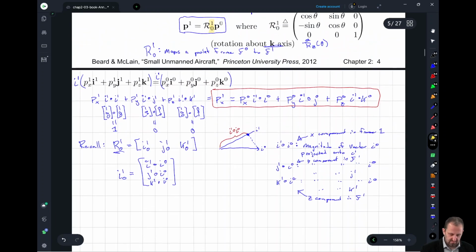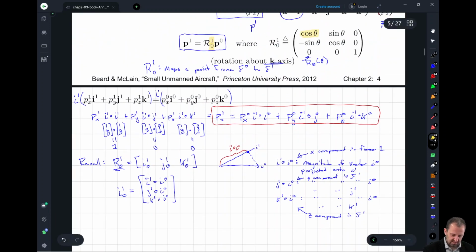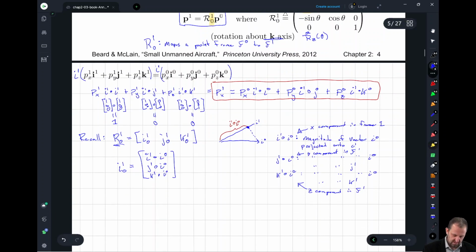One last thing that I want to motivate is this value of cosine theta there. So we have our cosine of theta represented as, if we look at that, that is our I1. So let's look at this cosine of theta term. So again, if we're rotating about the z-axis, where do we get this cosine of theta and how do we relate it to this dot product representation?